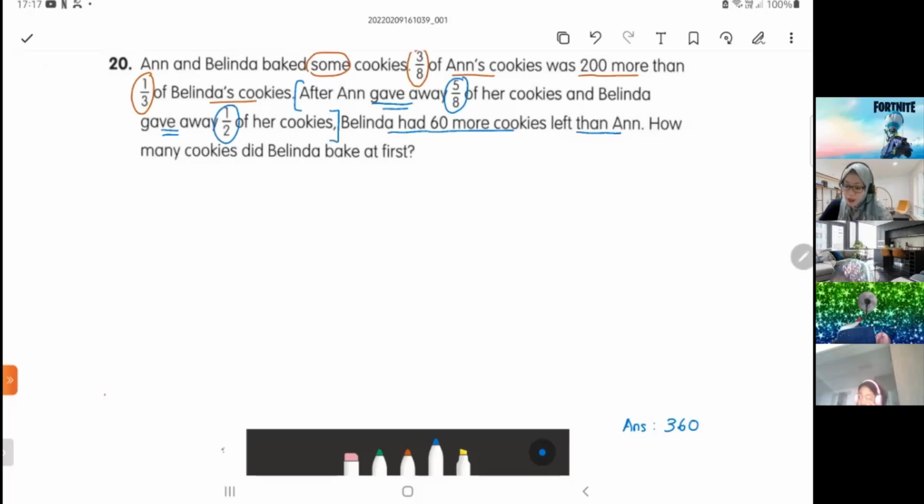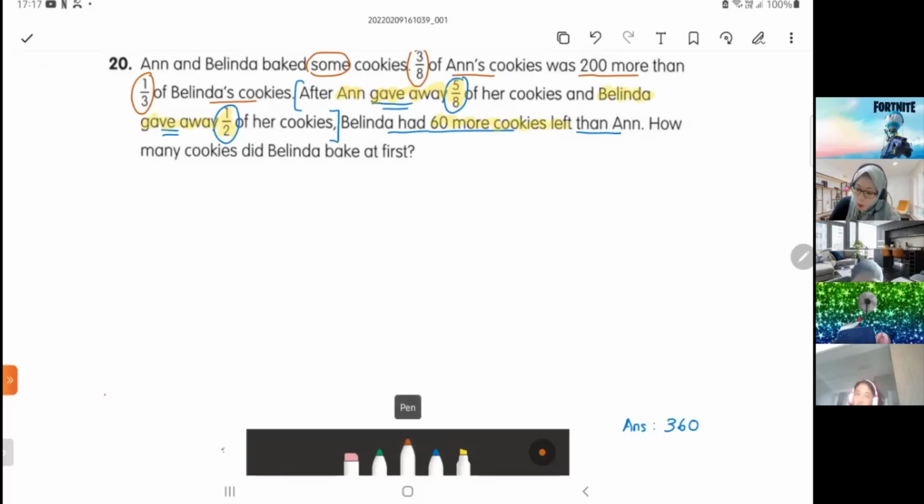So first things first, I want to find, I mentioned just now, right? Find the relationship between Anne's cookies and Belinda's cookies left over in the end. Okay, so I want us to look at this part here, and this part, this one here. Right, and then we have this leftover. This is all the leftover information.